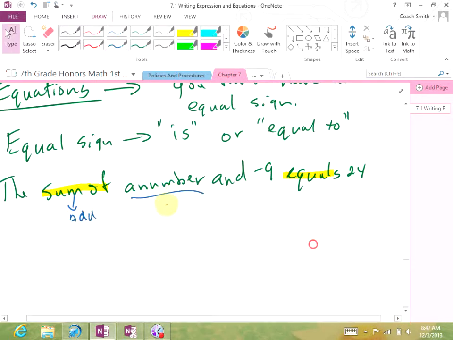A number means, in this case, y, because they want you to use y. This is negative 9. This is equals, this is 24. So now I have that information, so what is my equation going to be? Right. y plus negative 9 equals 24.